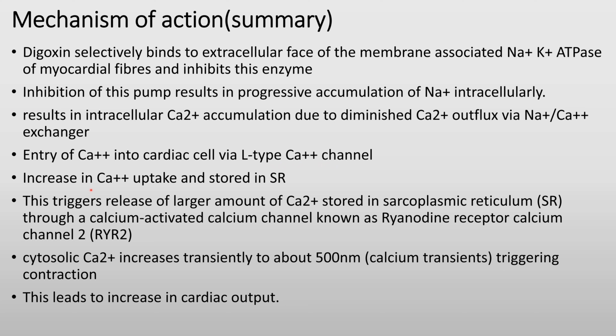This increase in calcium is taken up and stored in the sarcoplasmic reticulum. This triggers release of a large amount of calcium stored in the sarcoplasmic reticulum through the ryanodine receptor calcium channel. So cytosolic calcium increases transiently to about 500 nanomolar, triggering contraction. This leads to increase in cardiac output.